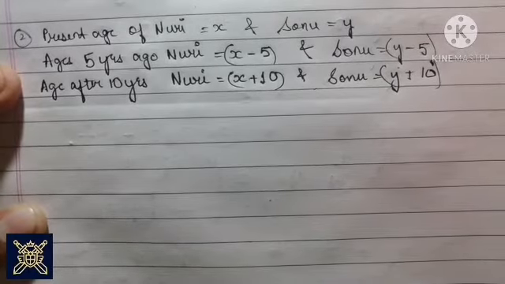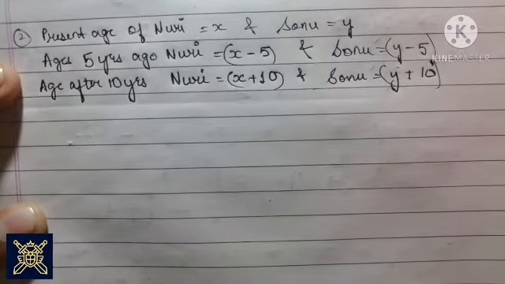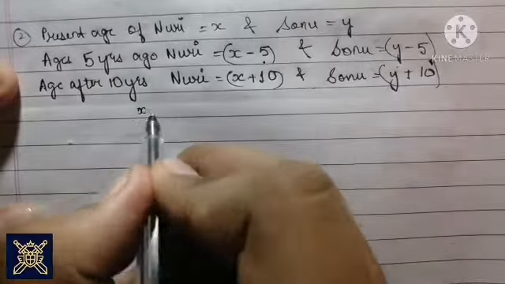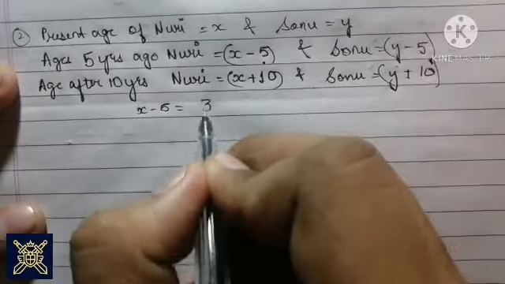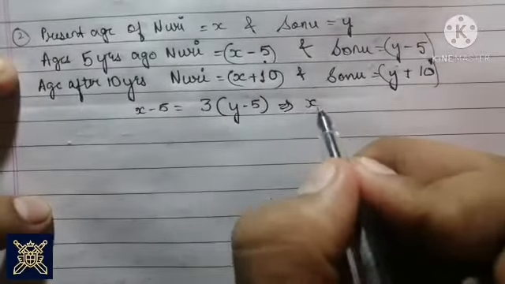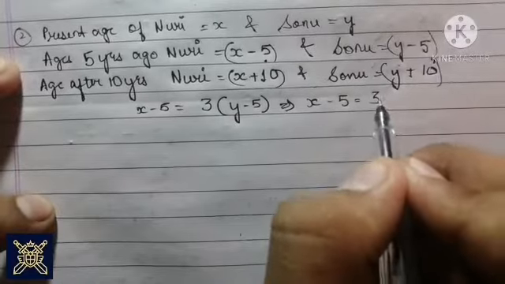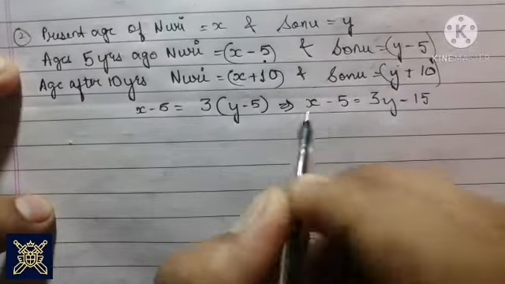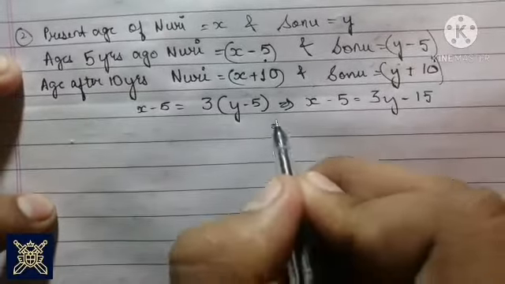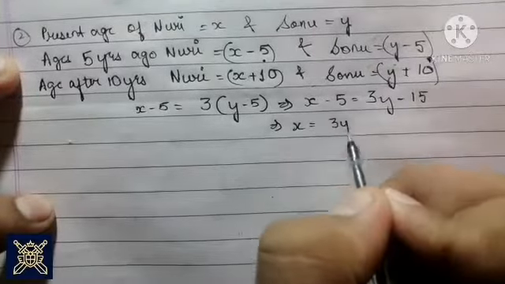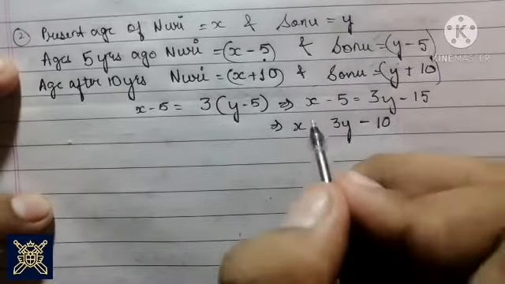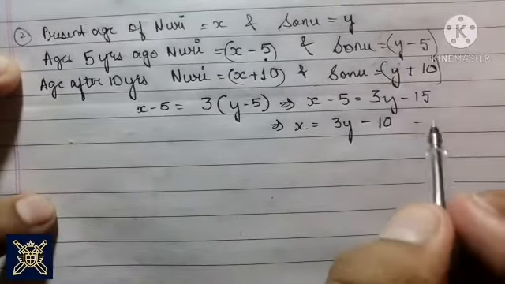This means that Noori's age was 3 times the age of Sonu before 5 years. So x minus 5, that is Noori's age, is equal to thrice Sonu's age at that time. When you open the bracket, you get that x minus 5 is equal to 3y minus 15. You can send this minus 5 to that side, so that you get x is equal to 3y minus 10. Minus 5 will become plus 5, and minus 15 plus 5 will give you minus 10. So this is your first equation.